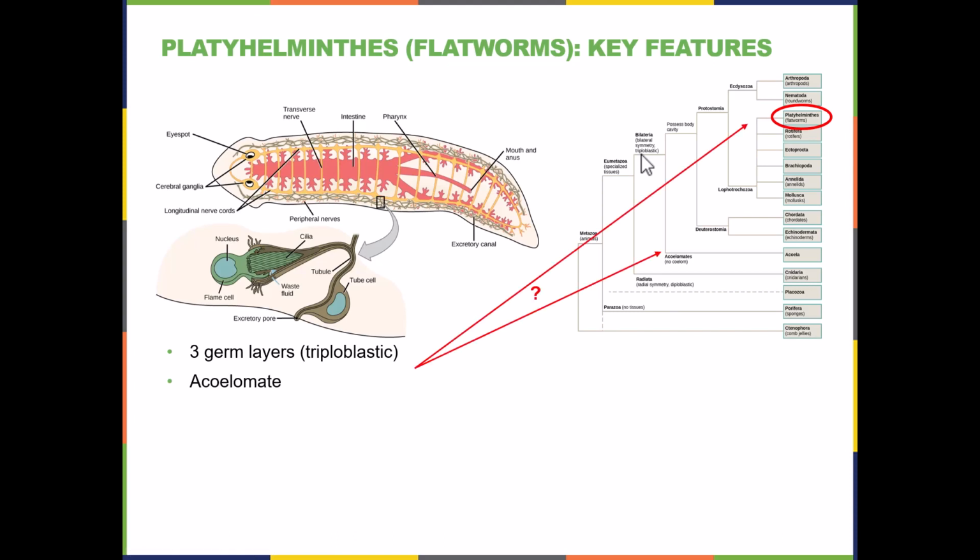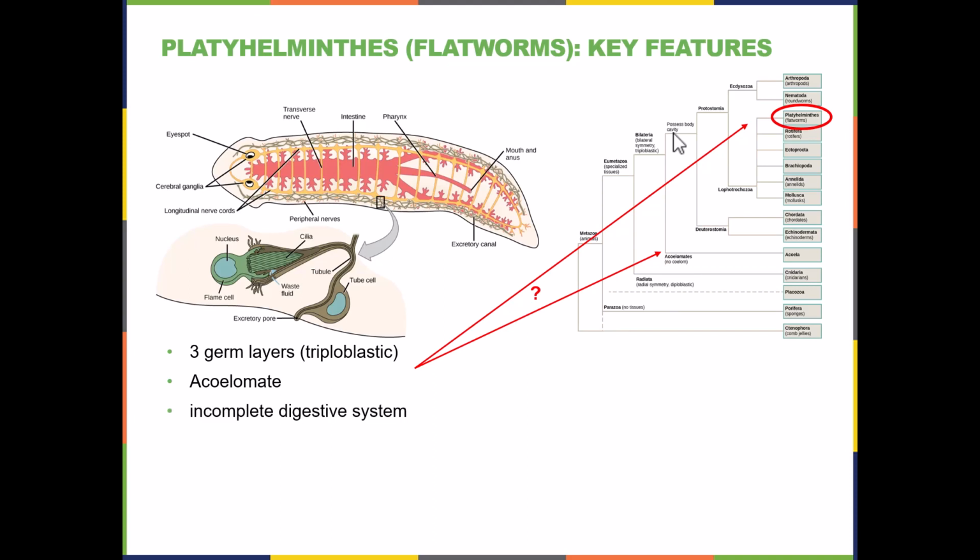So that's a little bit confusing when we look at our phylogenetic tree because we think the acoelomates are down here, but then we have the platyhelminthes, which are acoelomate, and they're up here in organisms that should have a coelom. The reason for this is that based on other characteristics of this group, the evidence shows that their ancestors probably had a coelom and then this group has lost it.